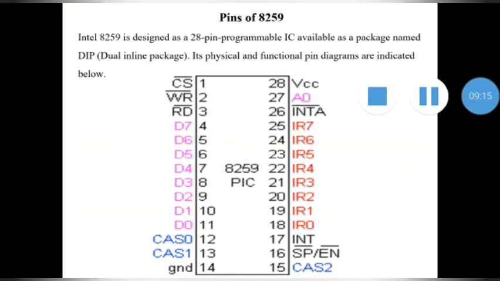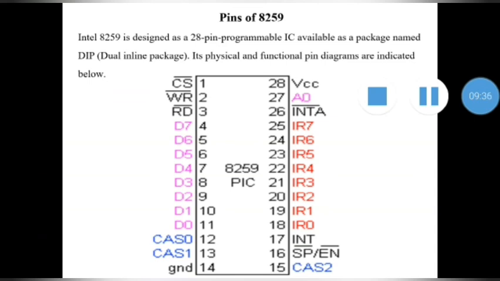Then the next signal is INTA, interrupt acknowledgement. This pin is an input to the 8259, and it gives acknowledgement that interrupt requests are processed.